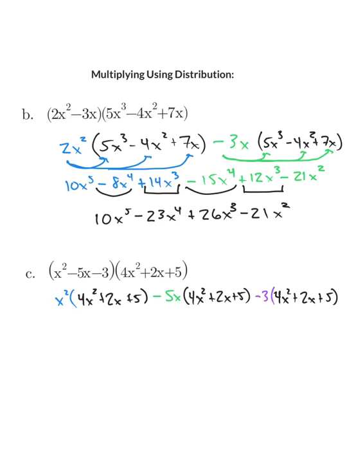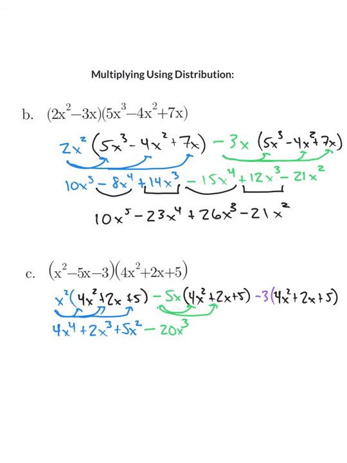For the first one, we get x squared times 4x squared is 4x to the fourth. x squared times 2x is 2x cubed. x squared times 5 is 5x squared. Moving on to the second one, we get negative 5x times 4x squared is minus 20x cubed.